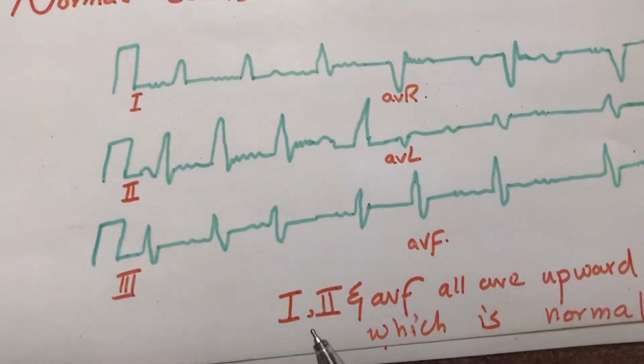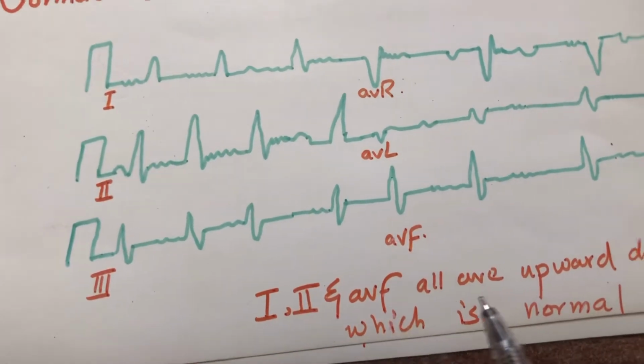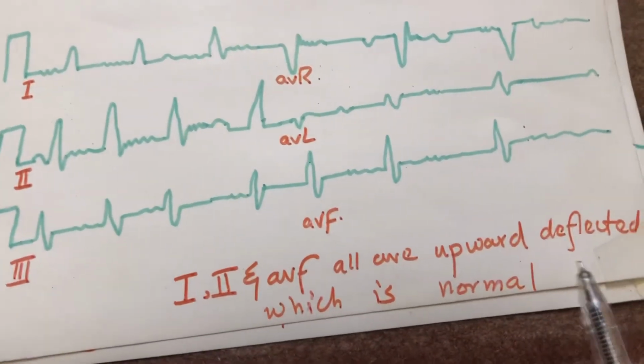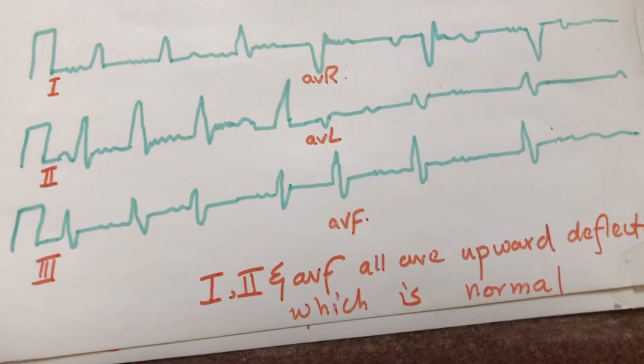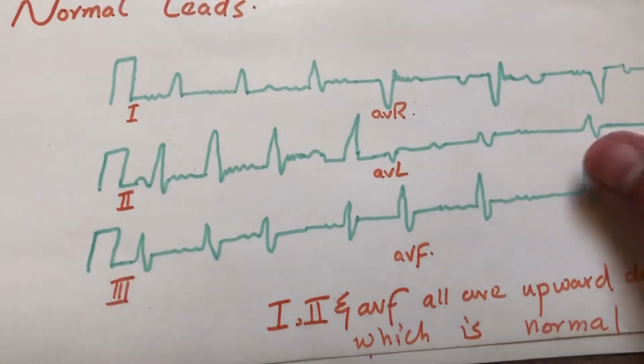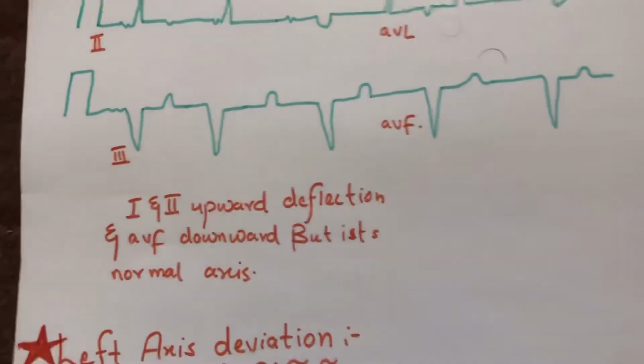Leads 1, 2 and AVF all showing upward deflections is normal, so the axis of the heart is normal. Now let's see one more variation of the normal axis of the heart.